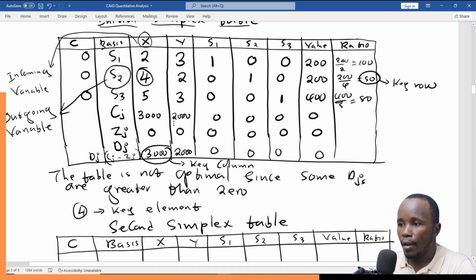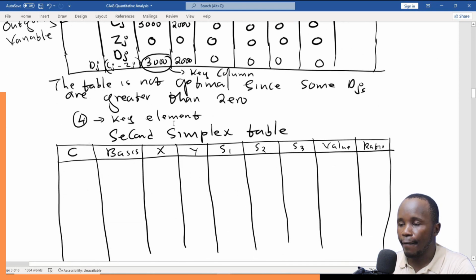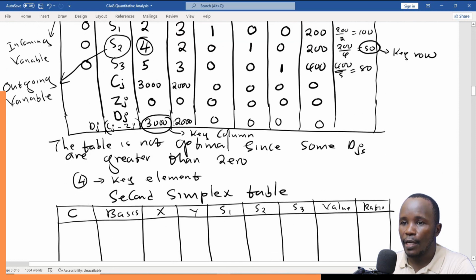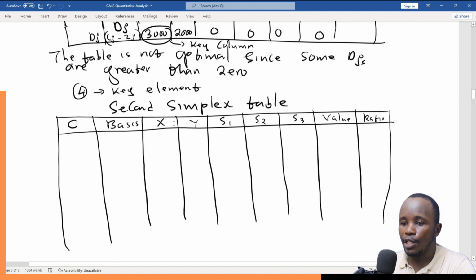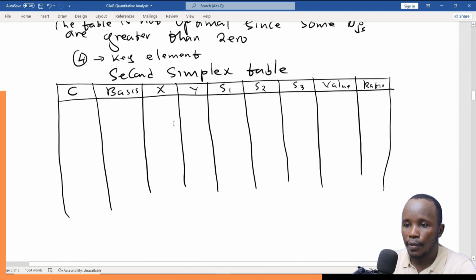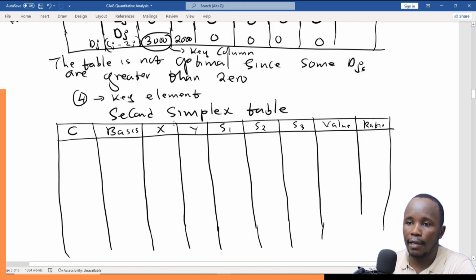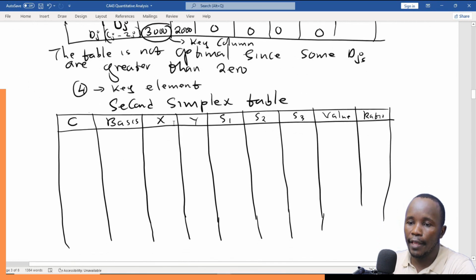Now, I hope up to that point we are okay. Let me transfer my values to the next table, the second simplex table. Here, the slack variable S1 is still there.